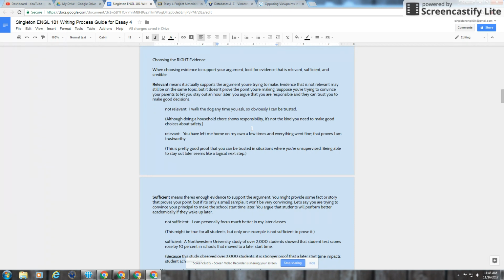For example, if you're trying to convince your parents to let you stay out later than what their requirement is, you might argue that you're responsible and they can trust you to make good decisions. So an example of evidence or support that would not be relevant, if you're trying to convince them, you might say, hey, I walk the dog anytime you ask, so obviously I can be trusted.